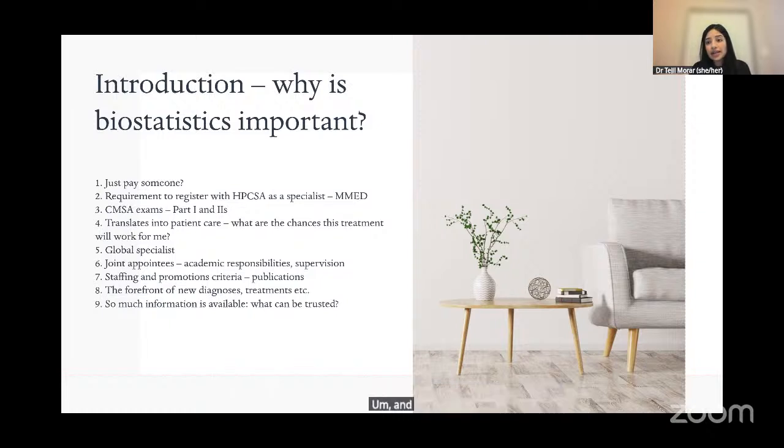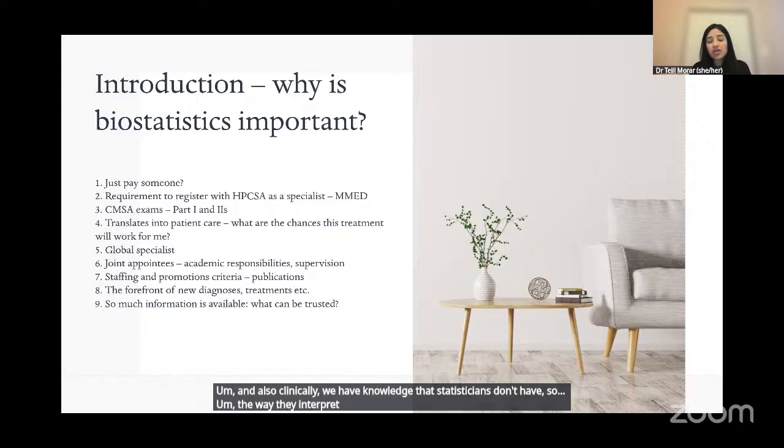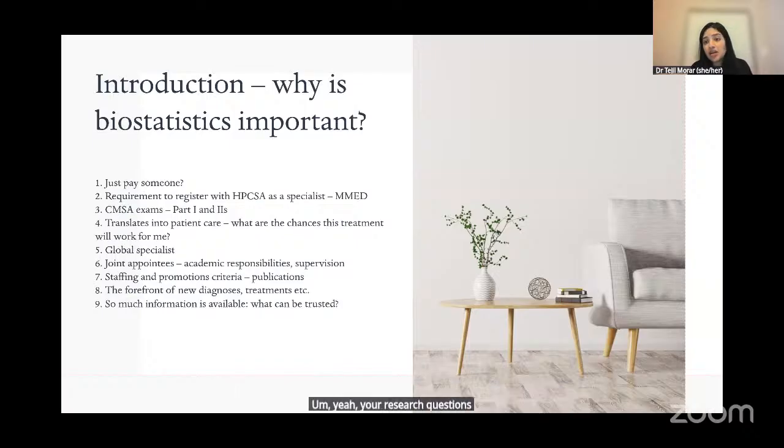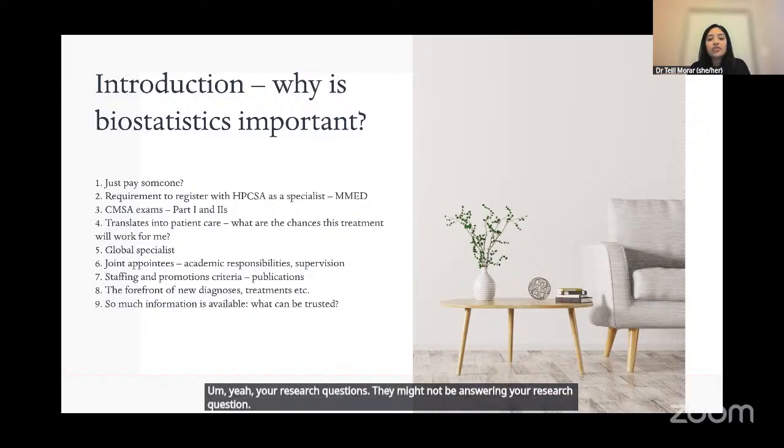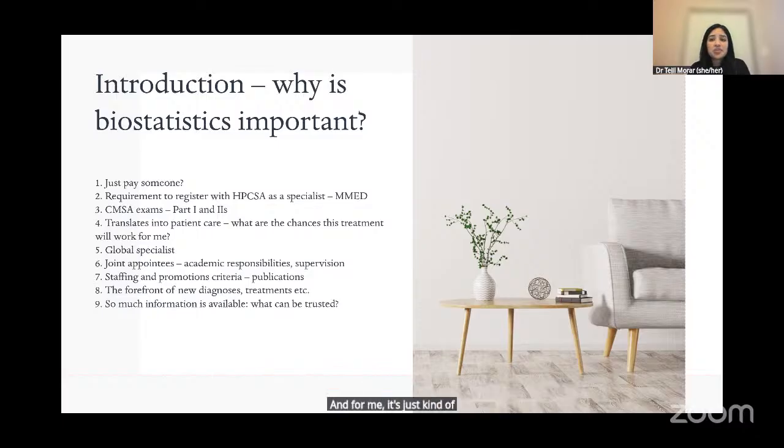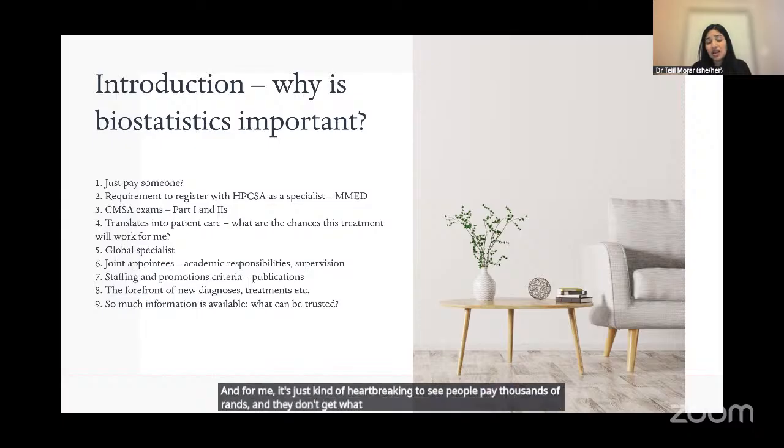And clinically, we have knowledge that statisticians don't have. So the way they interpret the data may not be what you have, and they might not be answering your research question. For me, it's heartbreaking to see people pay thousands of rands and not get what they need at the end. So I think that's why it is important to have some sort of working knowledge of biostatistics.